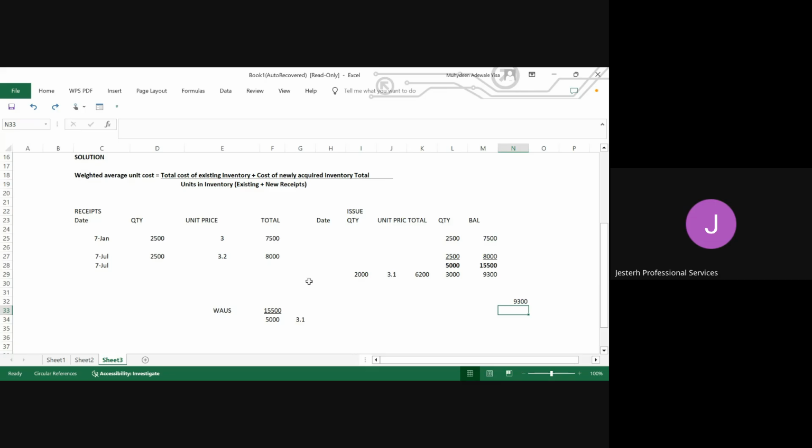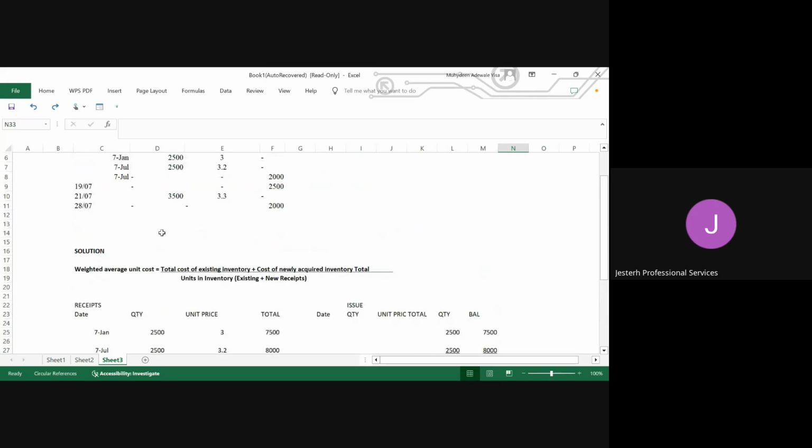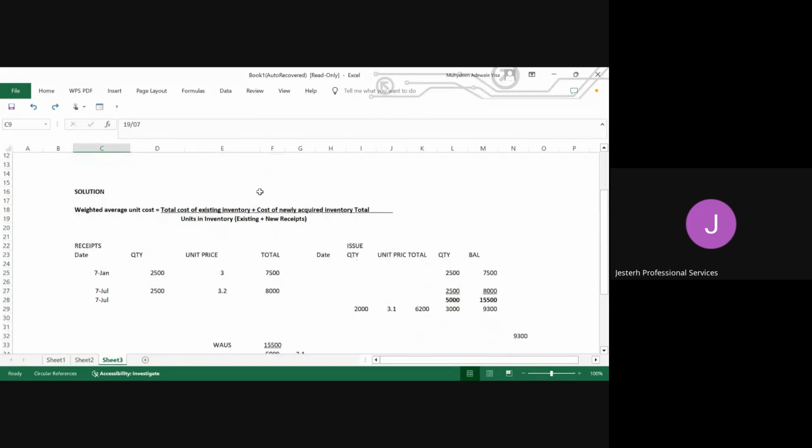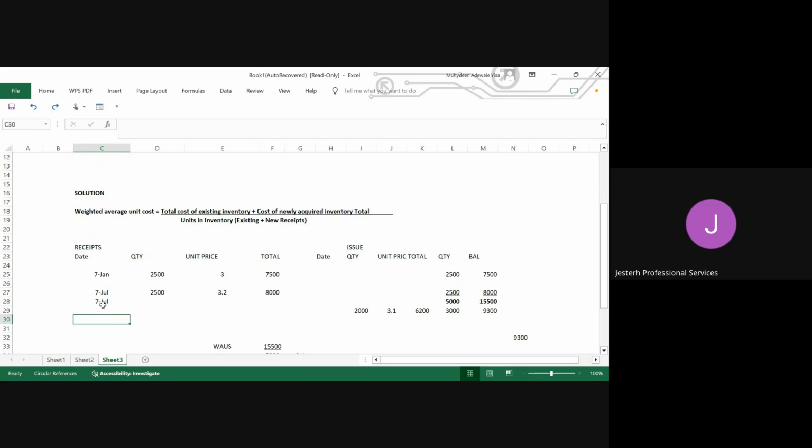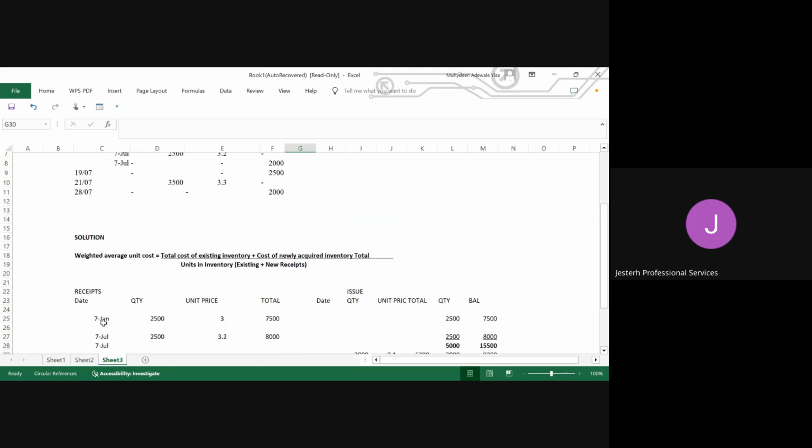Then now let's go to the second aspect. Now on the 19th of July, the company decided to issue another 2,005 of the inventory to their production units. Now you come here on the 19th July. Then how many did they issue?